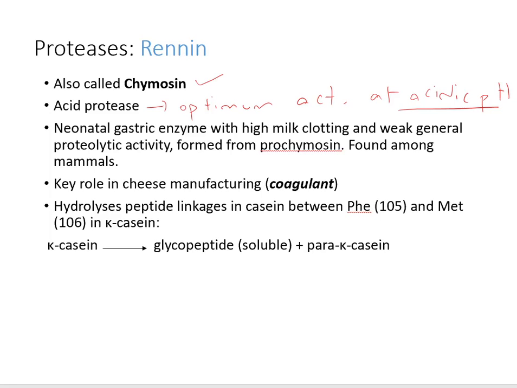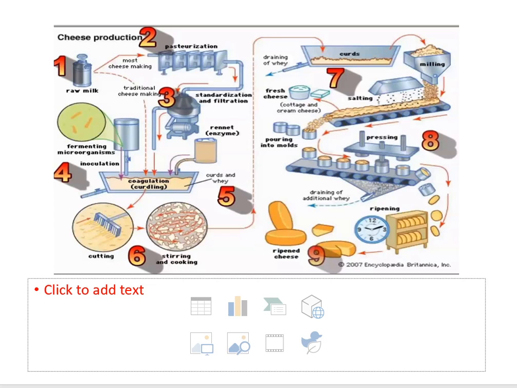So it hydrolyzes a specific peptide linkage between these two amino acids, phenylalanine and methionine, in casein protein, paracasein, kappa casein. So it destabilizes the colloidal structure of casein and hence act as a coagulant for cheese curd formation. So rennin is used in cheese making.